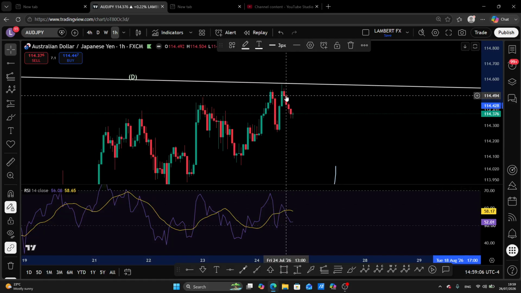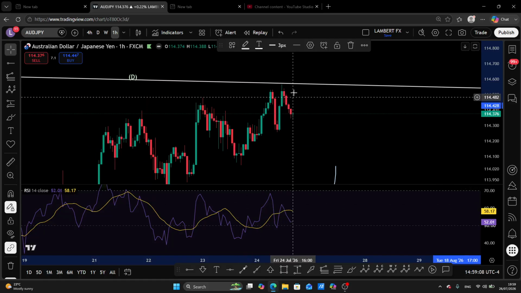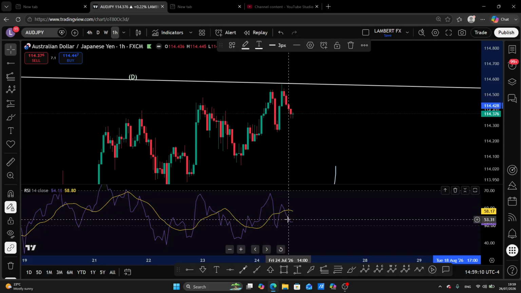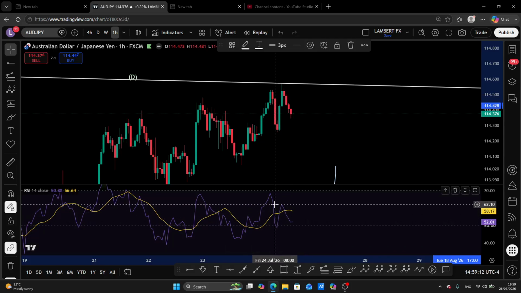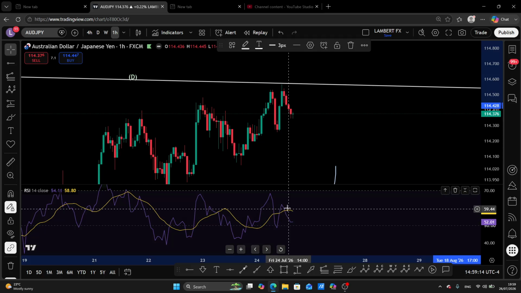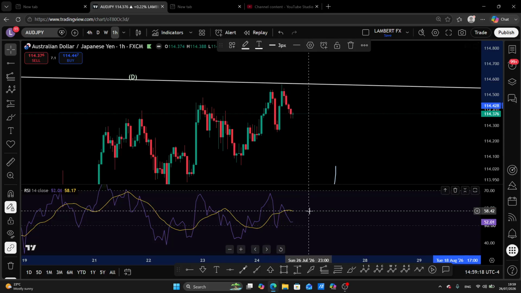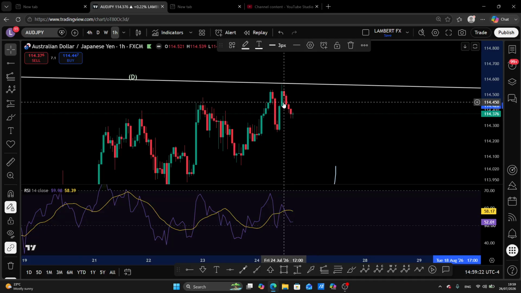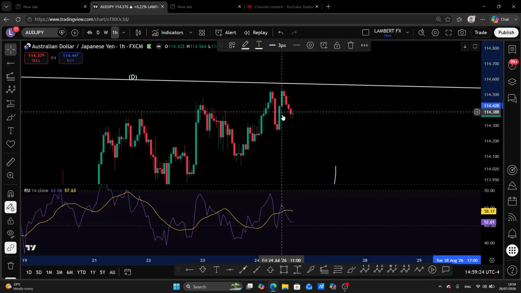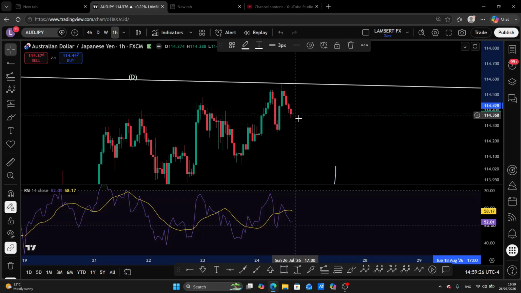So we have the opposite of what the candlestick is telling us. Yeah. So this is a signal. We're having a lower low on the indicator and a higher high on the chart. So there's a divergence there on the 1 hour time frame. Okay. So there is opportunity to go short.